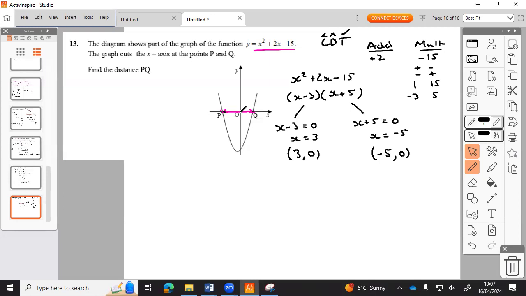Does that make sense? So the distance from P to the origin, where the coordinate (0, 0) is, is 5 units.